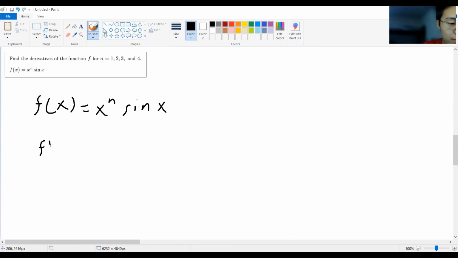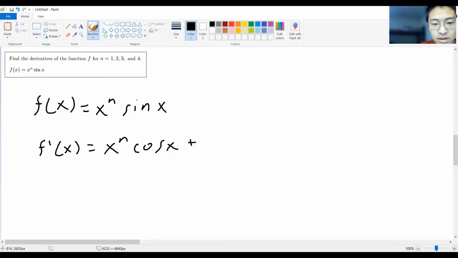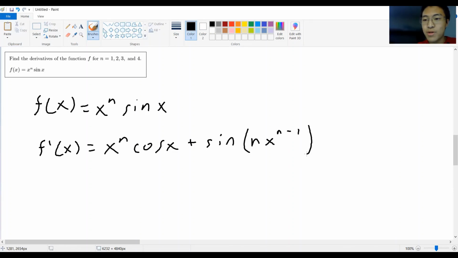So when we do f prime of x, it's just the left times the derivative of the right plus right times the derivative of the left. So when you do this product rule, think about the n as a constant. What's the process? We take the constant, we drop it down in front, and then we subtract 1 from the constant, whatever that used to be, right? So x to the n minus 1.